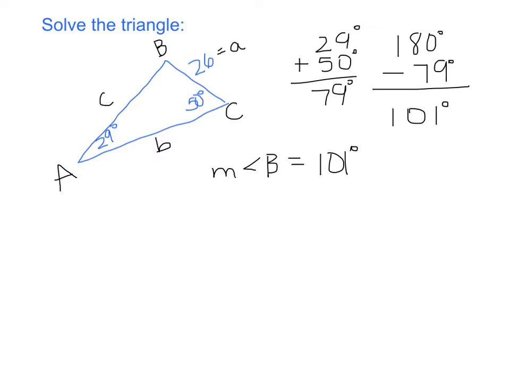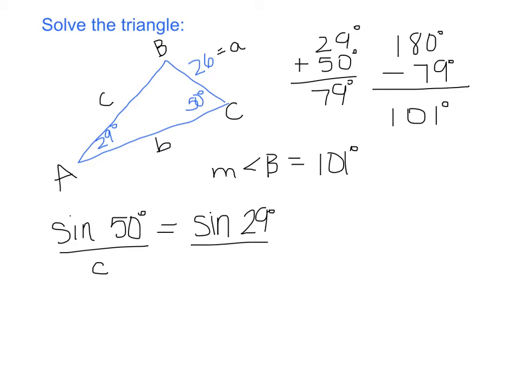So I'm going to use one of my ratios. I'll find little c first. So I have to do sine of big C, which is 50 degrees, that corresponds to little c, equals sine of big A, since I have little a. You either have to have two angles and one side or two sides and one angle. Then you're just going to cross multiply. Make sure your calculator is in degree mode.